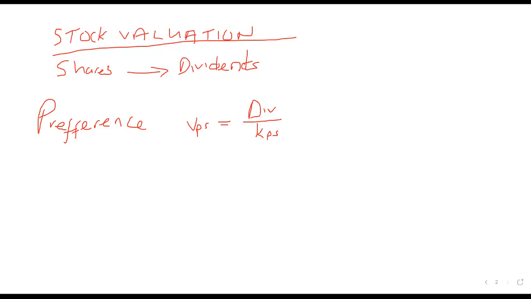What are the characteristics of preferred shareholders? Again, from whatever you studied, what's the difference between preferred shareholders and stockholders? Anyone? Between preferred shareholders and ordinary shareholders? From whatever you've read.